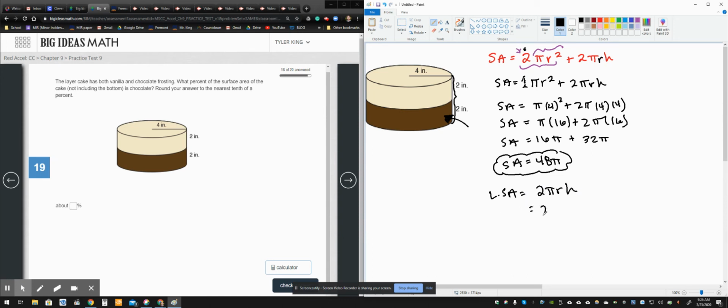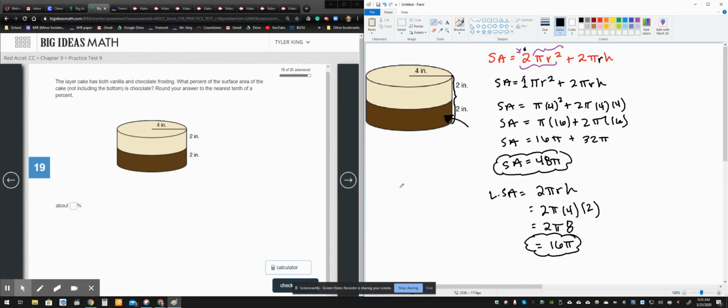So it's going to be 2 times pi times 4 times the height, which in this case is 2 because it's just the chocolate piece. So this is equal to 2 times pi times 8, which is equal to 16 pi.